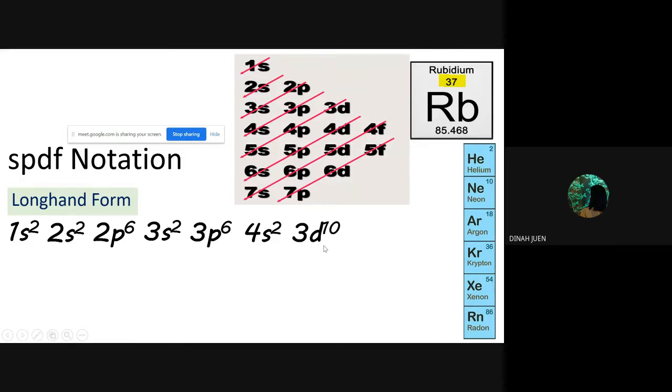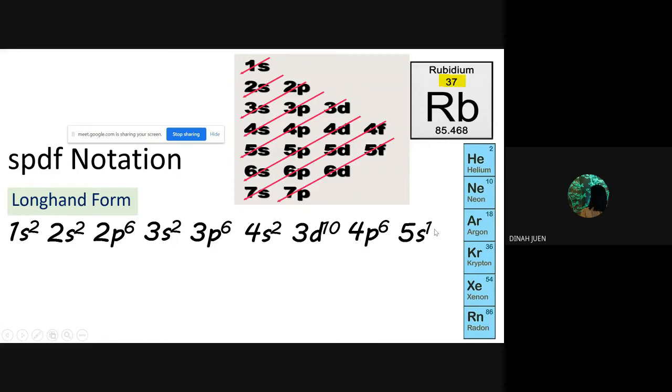So the d sublevel can hold 10 electrons. Next, 4p6, 5s1. If you count all the electrons here, 2, 2 plus 6 becomes 10, then 12, then 18, 20, 30, 36, and 37. So a total of 37 electrons.